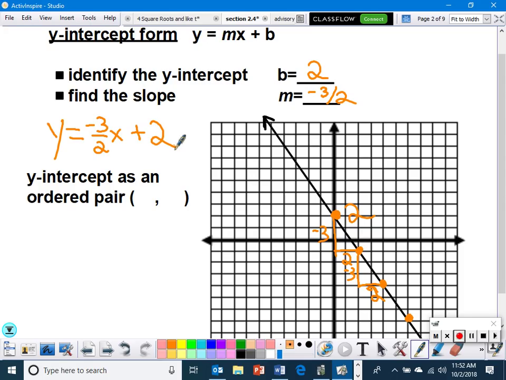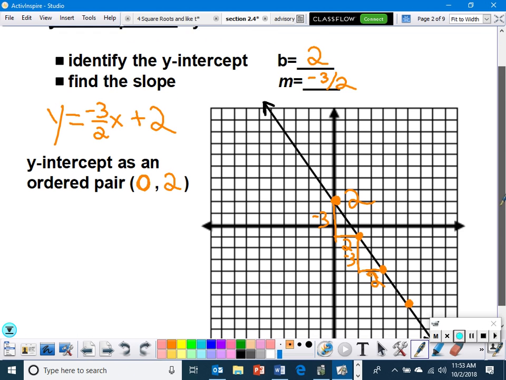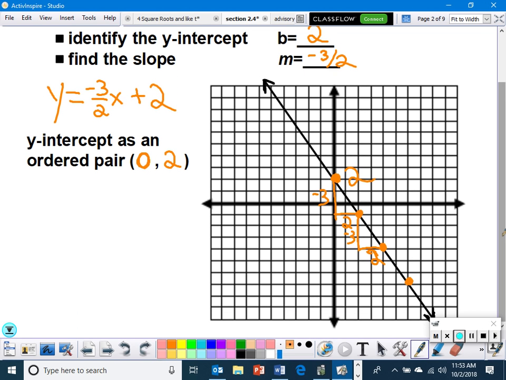And just to review, how do you write the y-intercept as an ordered pair? Remember, the x value is always 0, and then the y value is 2. Now, one thing we want to practice doing is going in the other direction, taking this equation and putting it in standard form.